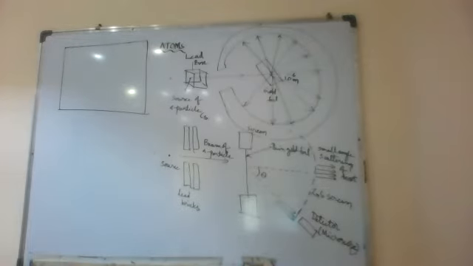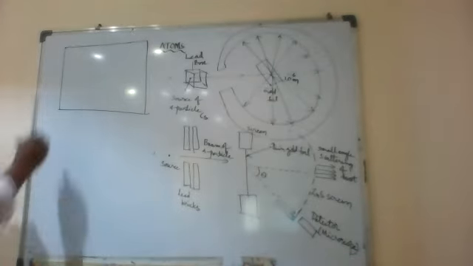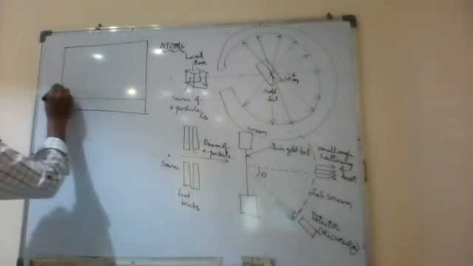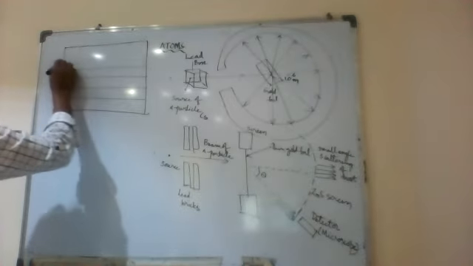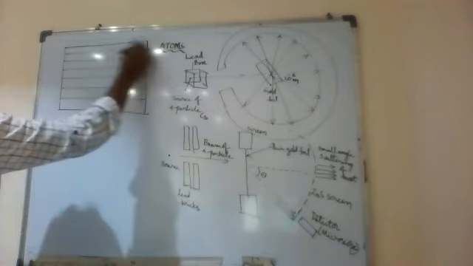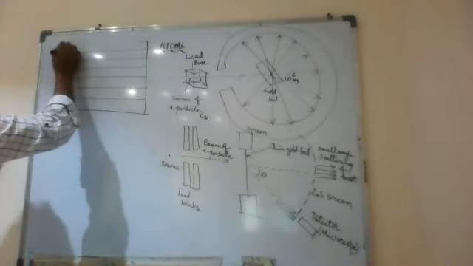This graph, how many are there? 10 to the power of 7. The scale goes 1, 2, 3, 4, 5, 6, 7.